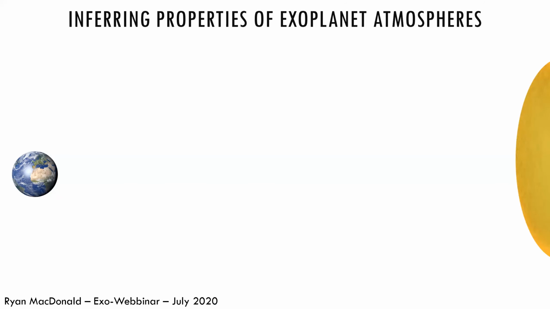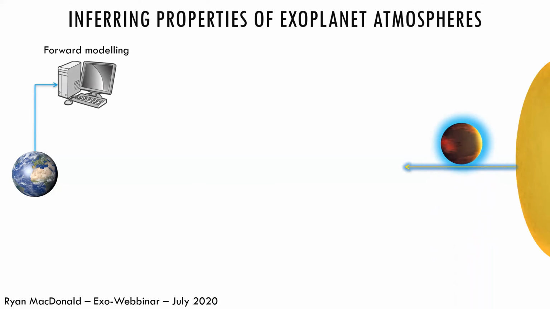So how does it work? Let's take a look at a brief schematic of this. We have a hot Jupiter or rocky planet, an atmosphere that we would like to probe. And during primary transit, some of the light from the star passes through the atmosphere. The more traditional way to understand the influence of an exoplanet atmosphere on stellar light is called the forward modeling approach.